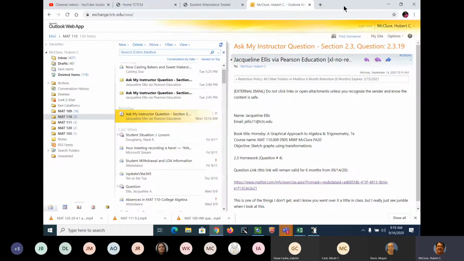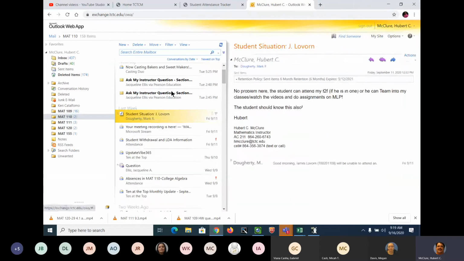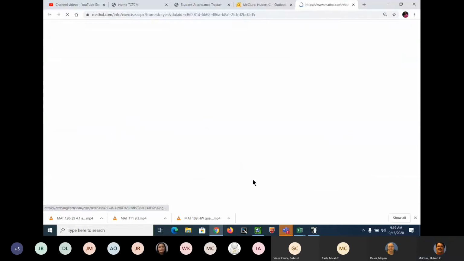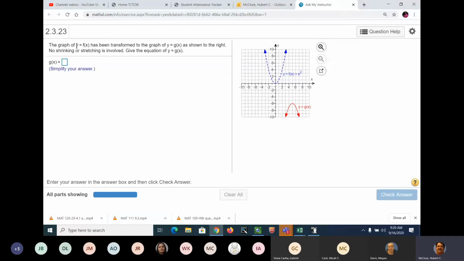Next question, let's delete that one. Next question, 2.3 to 23/5. The graph of y equals f of x, which is x squared, has been transformed to g of x.